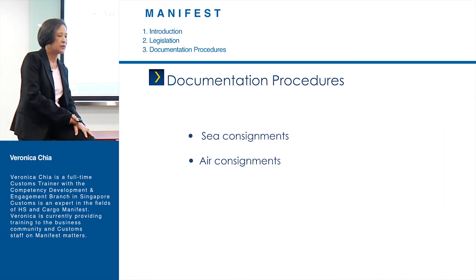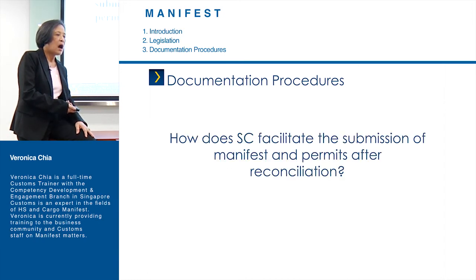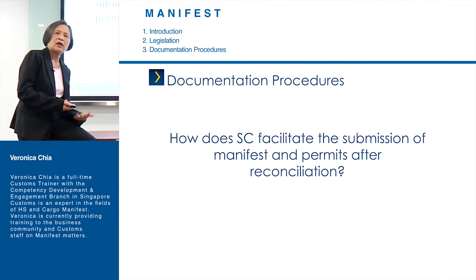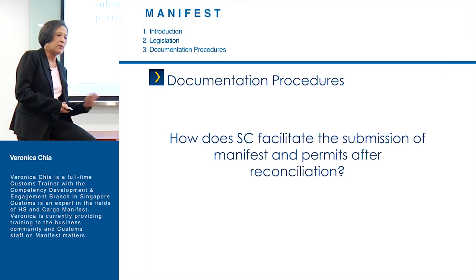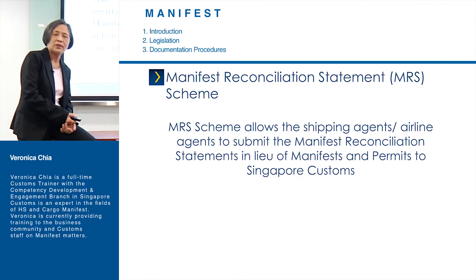Documentation procedures. We have sea freight as well as air freight. How do we facilitate the trading community in submitting the manifest and the permits after reconciliation? We have come up with a scheme.